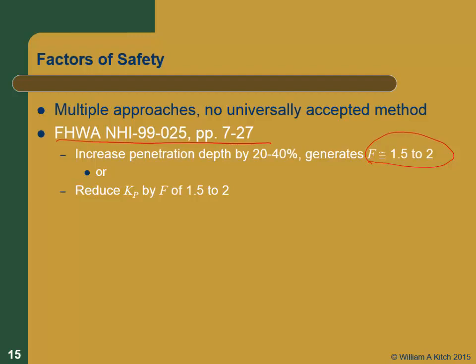The first philosophy is, once I've got D, I'm just going to drive it deeper and I should be safer. The second is, it's the passive earth pressure that's providing the resistance, so I'll factor the passive earth pressure. Realize that's not really true, because you've got active and passive on both sides of the wall, but predominantly your resistance comes from passive earth pressure. So I'm going to factor the passive earth pressure and take the design from that.